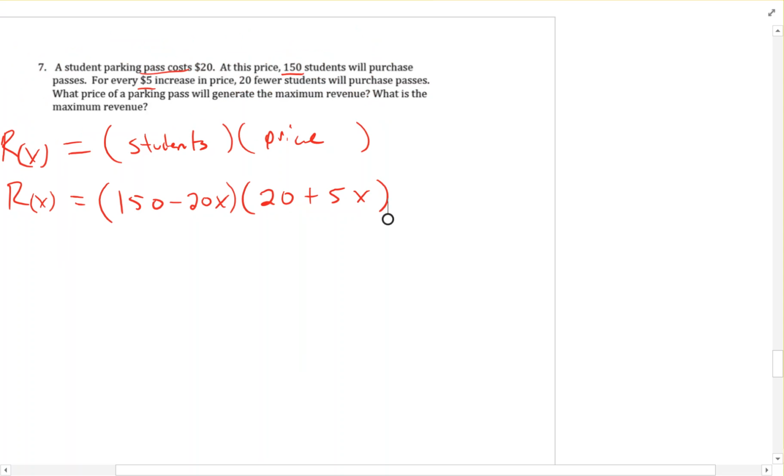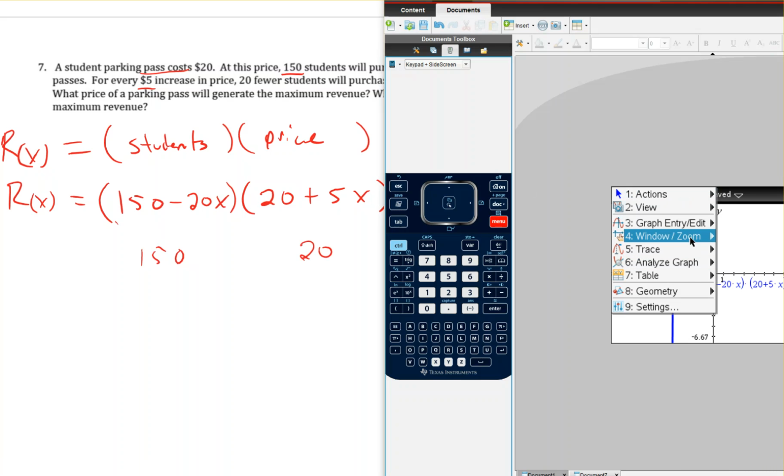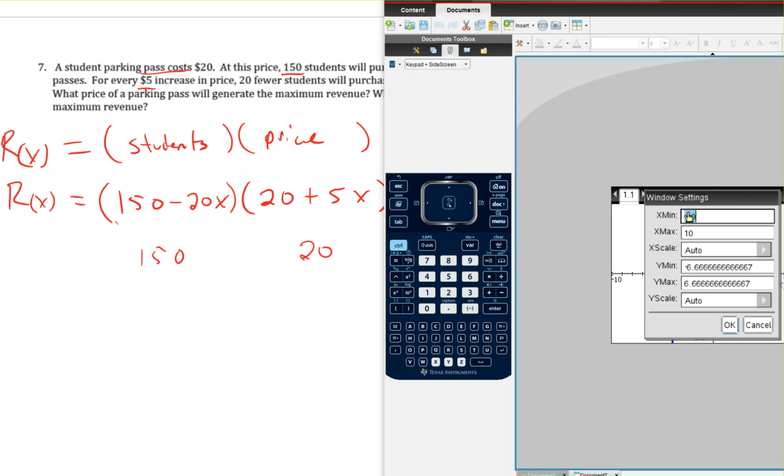Let's go 150 times 20, since this was around 150 and this was around 20, like our starting points there. Let's use that to figure out what our max would be. Okay, so let's try like 3,000 just to see if we can get the right ballpark. So Y max, thinking like 3,000.